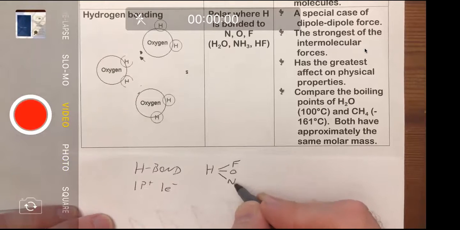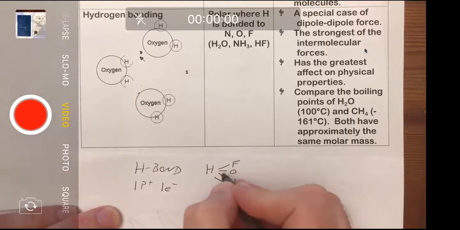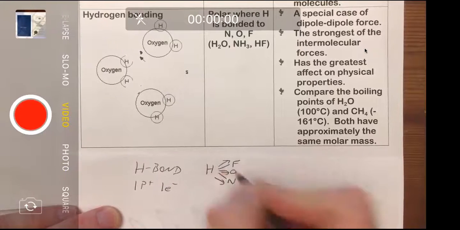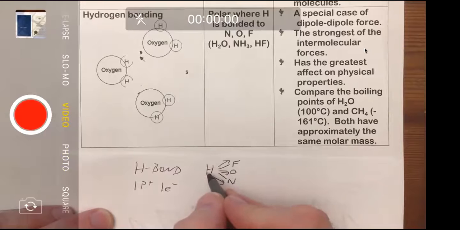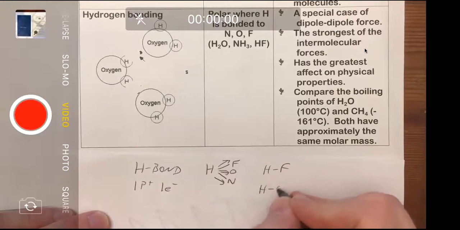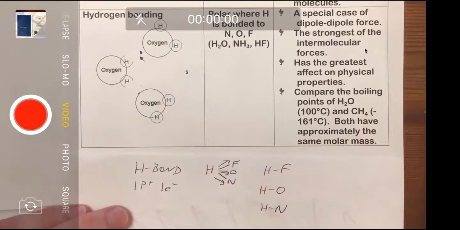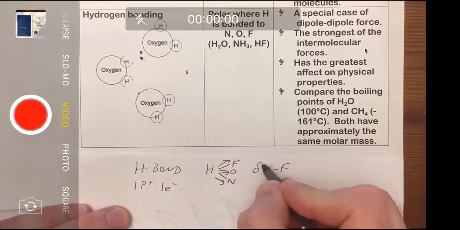Because they are extraordinarily electronegative, they are extraordinarily good at attracting electrons towards them. Which means this hydrogen doesn't stand a chance. If H is attached to F, O, or N, in essence, this H is a bare proton.